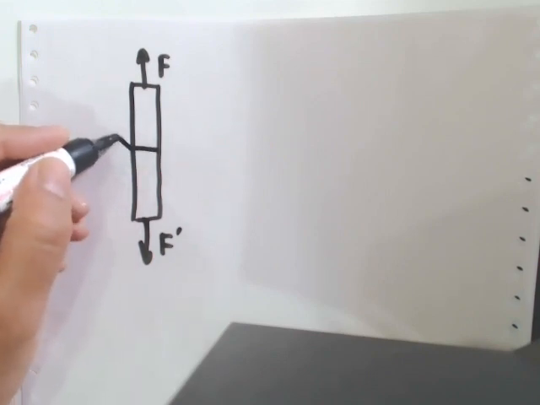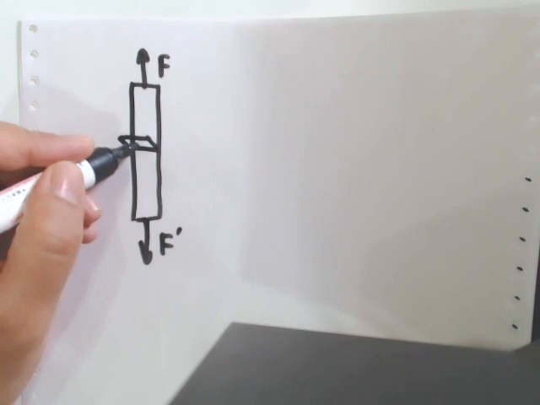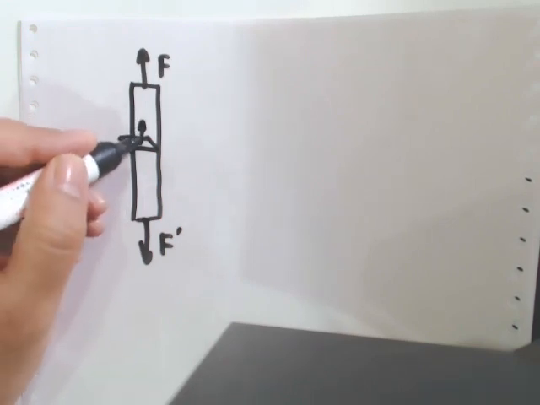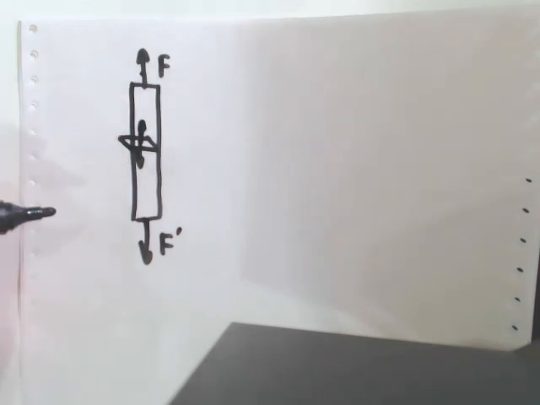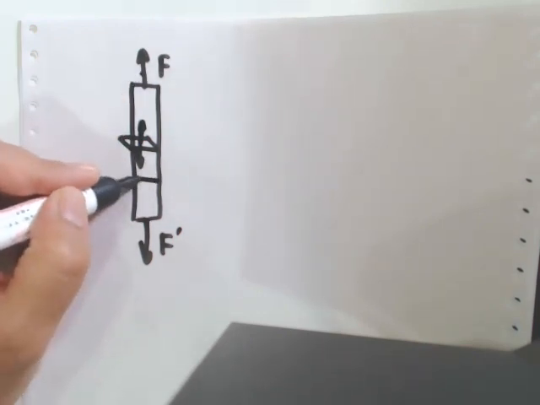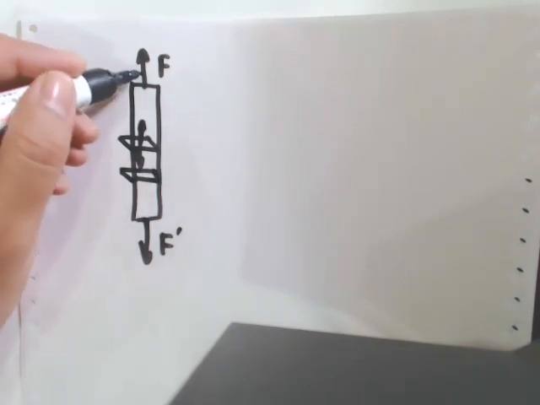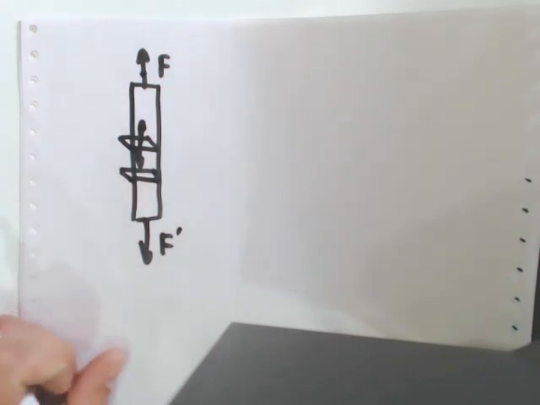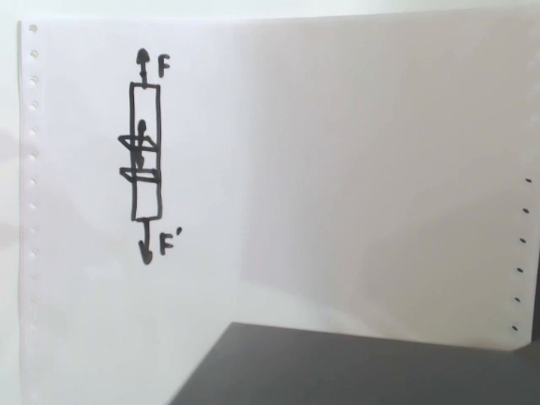If we try to look at the cross section, we find that this cross section creates a reaction which is equal and opposite to the action. Every section in this particular beam will create a reaction which will be opposite to the action, that is the force which is shown in this diagram.